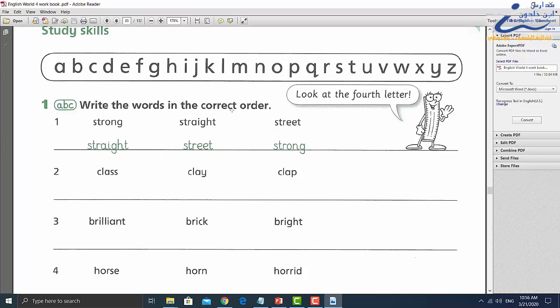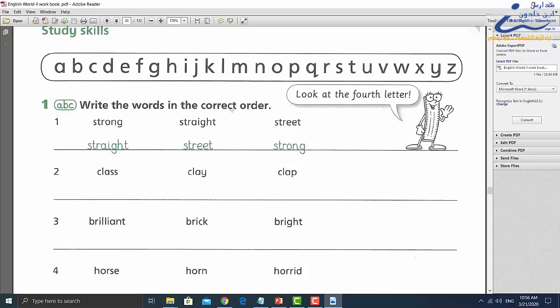Okay. Question number 2. Class, clay, clap. All of them begin with CLA. So we are going to move to the fourth letter. Here we have S in class, Y in clay, P in clap.